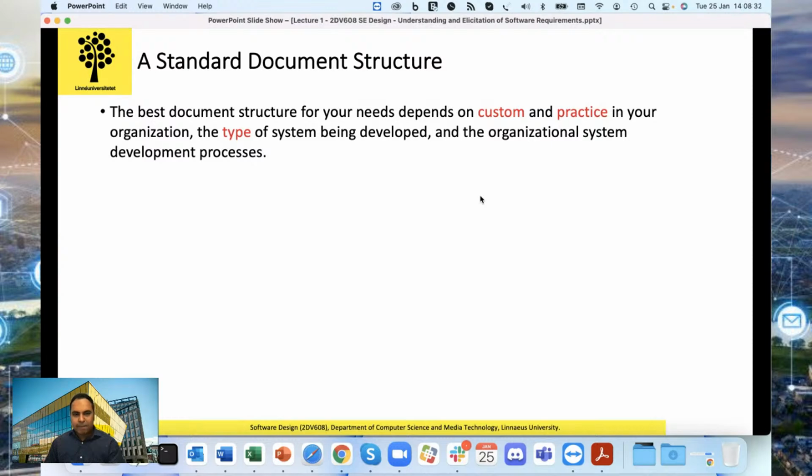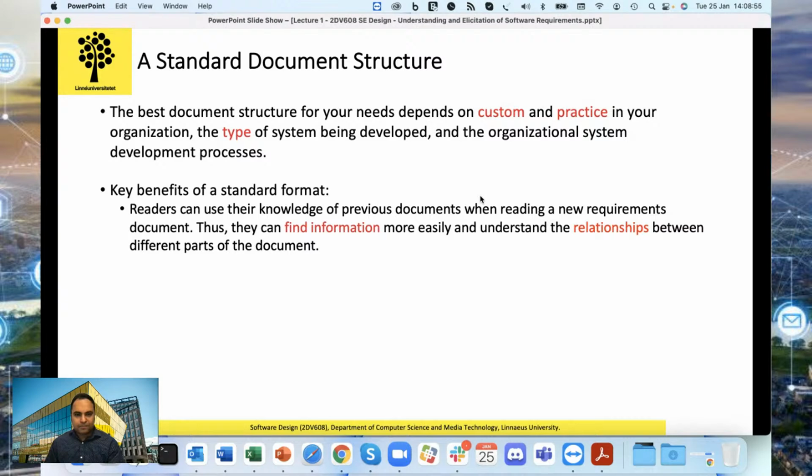There are multiple standards for requirements documents, and they vary according to the organization or practice, and how different companies define their requirements.